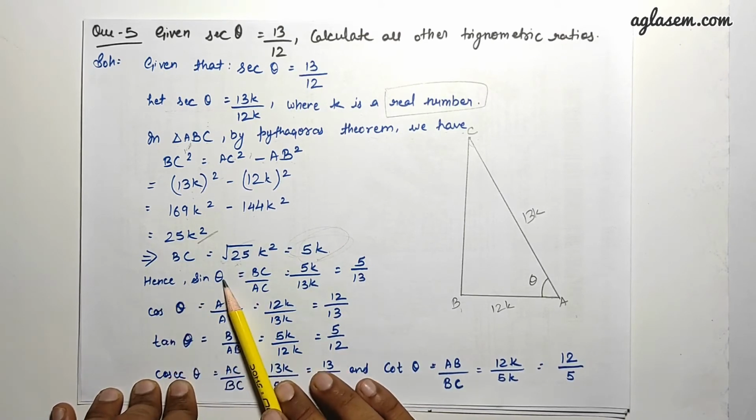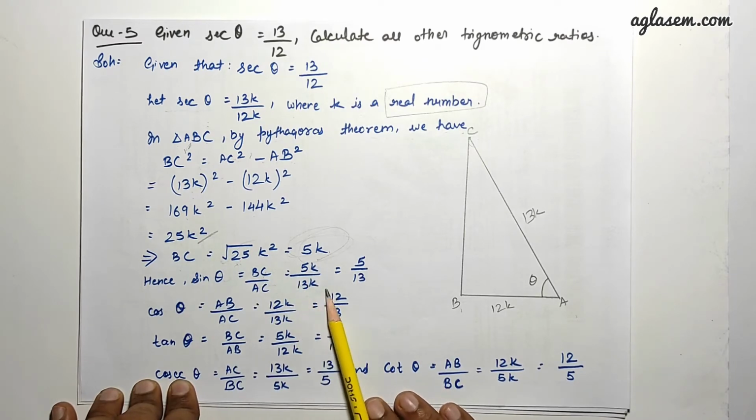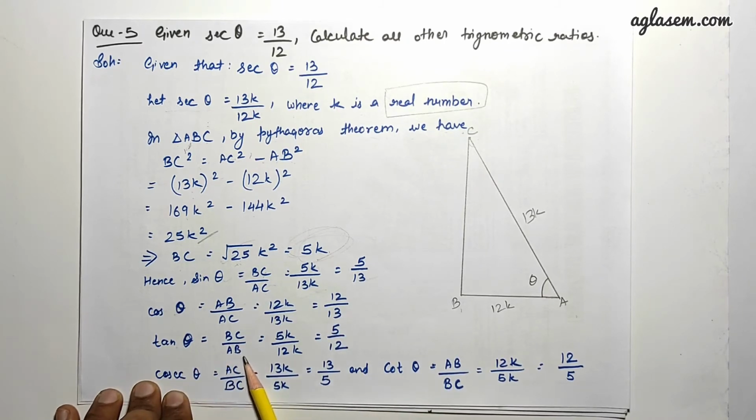Hence, sin q is equal to BC upon AC, which is 5k upon 13k, that is 5 upon 13. Cos q is equal to AB upon AC, which is 12k upon 13k, that is 12 upon 13. Tan q is equal to BC upon AB, which is 5k upon 12k, which is 5 upon 12.